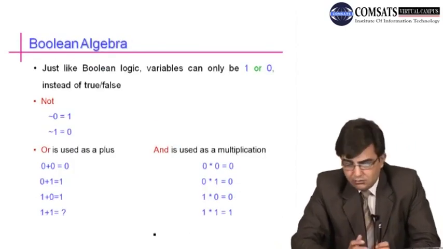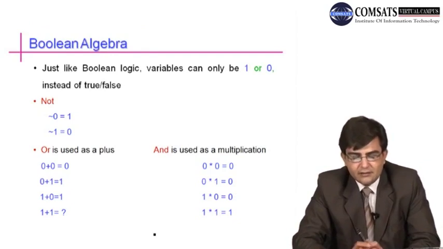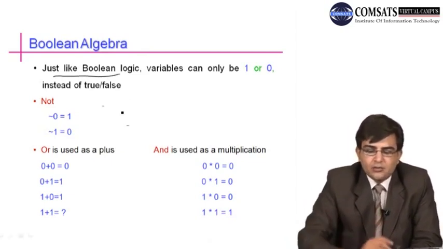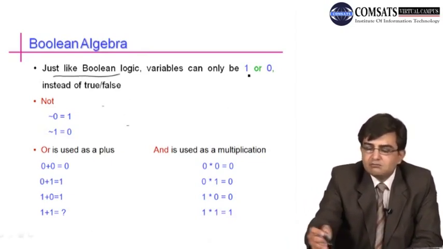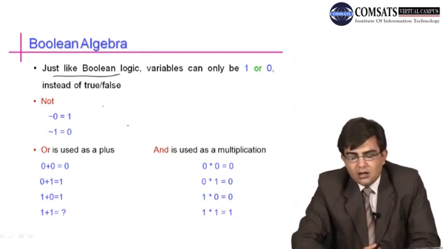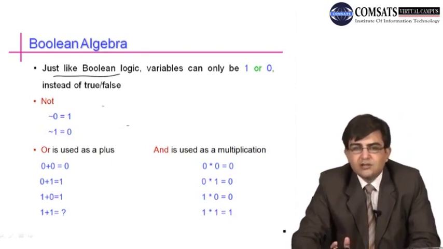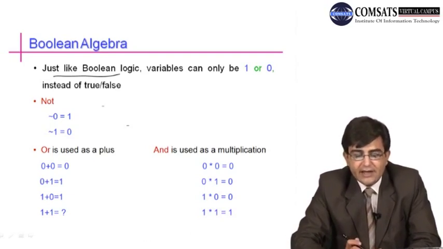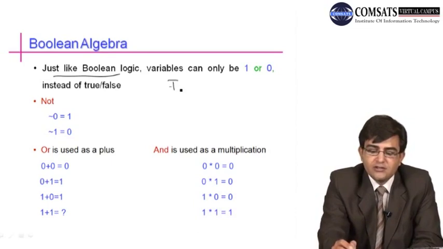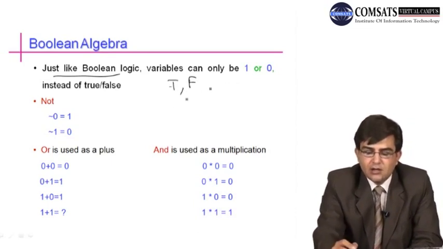Now what is the application of Boolean algebra in logic? Just like Boolean logic, variables can only be 1 or 0 instead of true or false. Logic we can interpret as Boolean algebra also. In logic we write true and false, but in Boolean algebra we say 1 and 0.